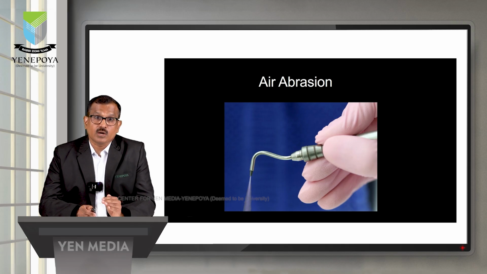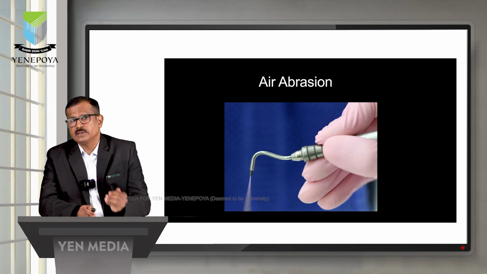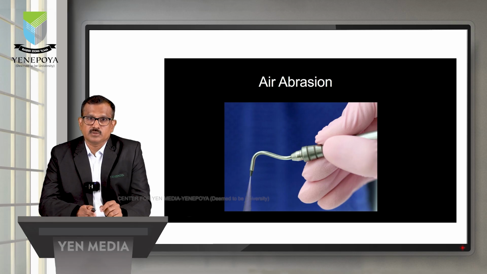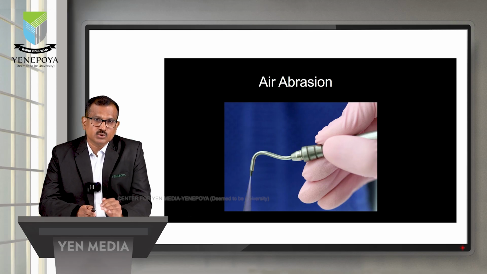Then there is another option, chair side air abrasion, which uses microparticles, in fact silicon dioxide or aluminum oxide particles, fired under pressure onto the tooth surface, so that it removes the surface and whatever caries is left out.